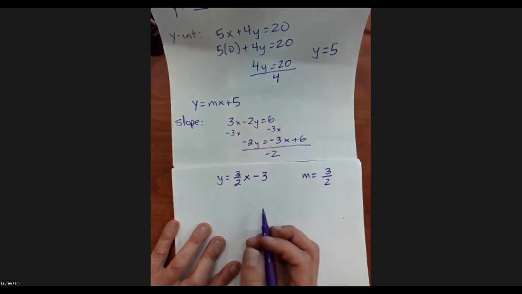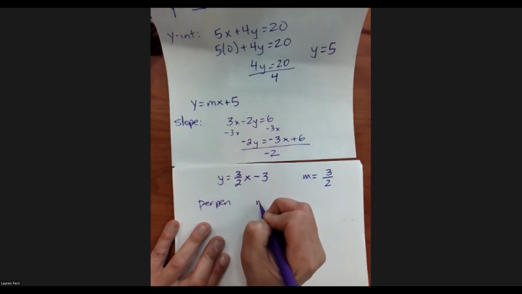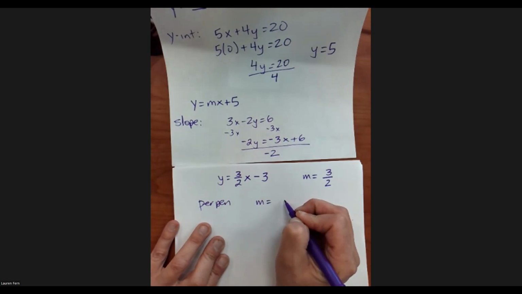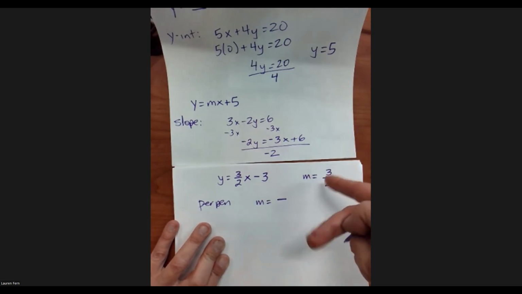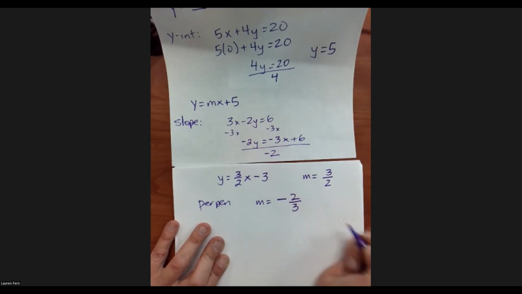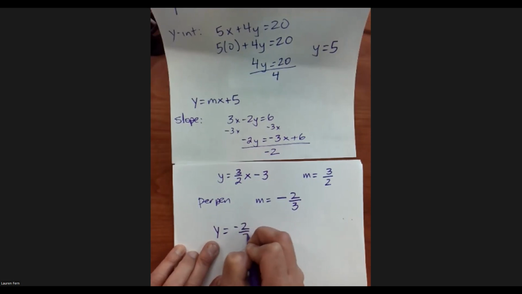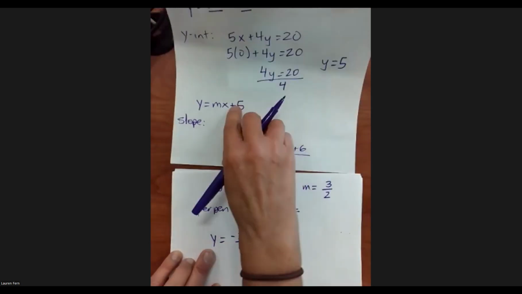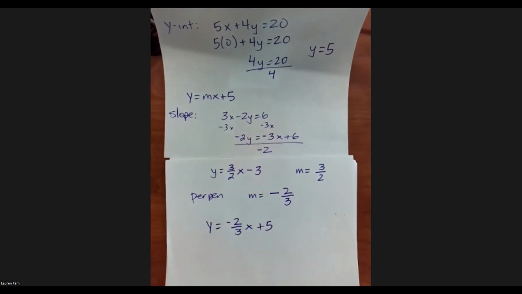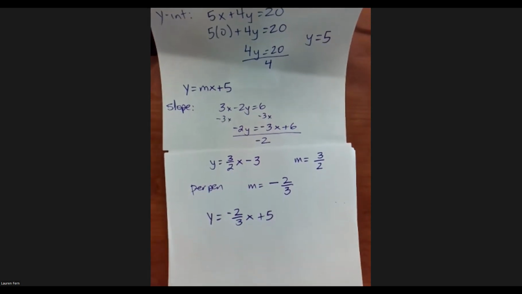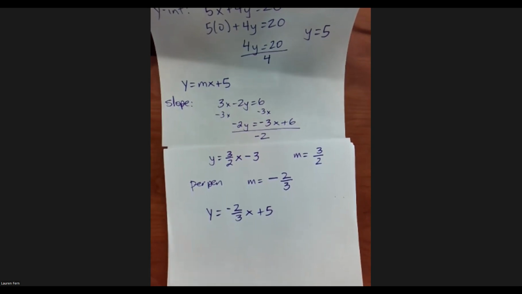Good. So since our line is perpendicular, what is the slope of our line? Good. Change the sign and then flip it. So we have y is negative 2/3 x, and we already found our y-intercept, plus 5. You okay there? Eric, you good? Cool.